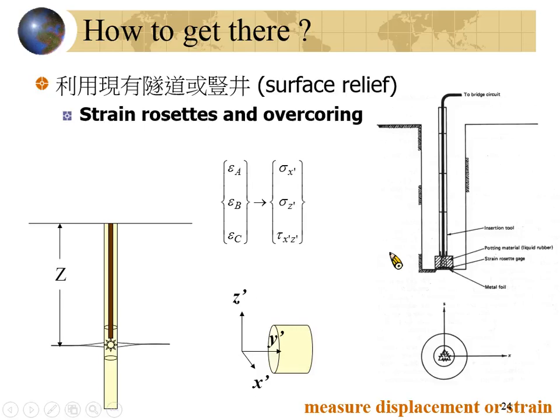So using this kind of method, you can reduce the disturbance of the tunnel wall a little bit, not totally. But it will be difficult for this kind of measurement. It will be difficult to do things like that. Okay?